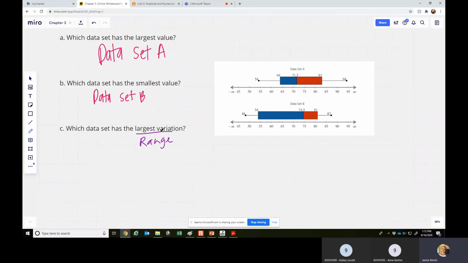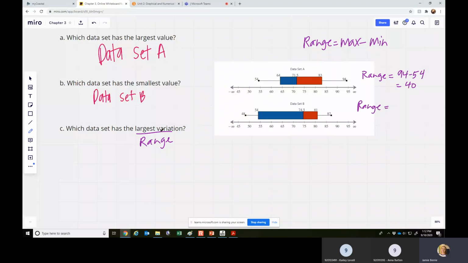Remember, range is maximum minus minimum. All right, so the range for this one would be 94 minus 54. So that's 40. Now we got to see, does data set B have a range that's larger or smaller than that?